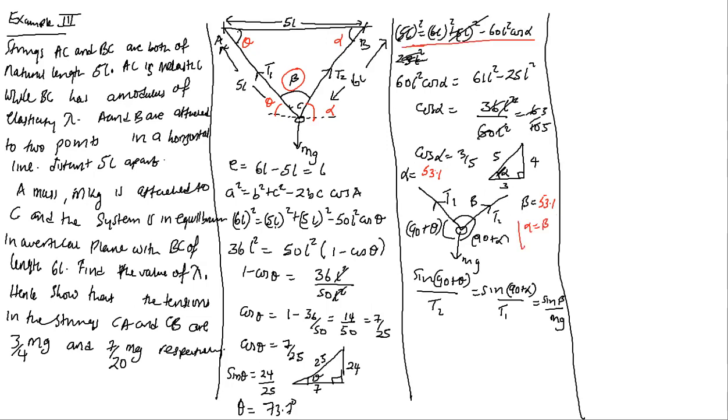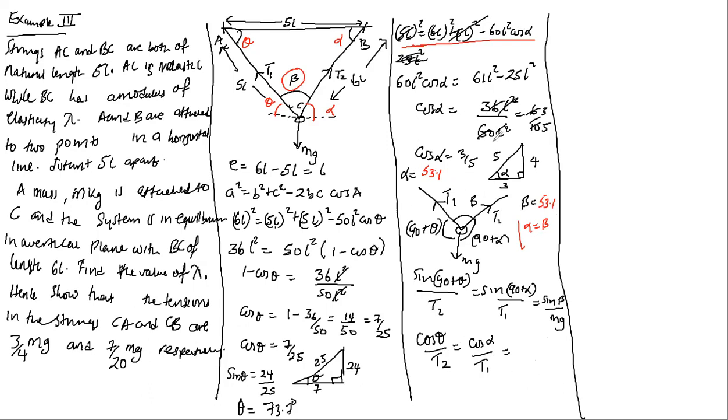So if alpha and beta are the same, we can deduce that cos theta over T2 is equal to cos alpha over T1 is equal to sine alpha over mg.